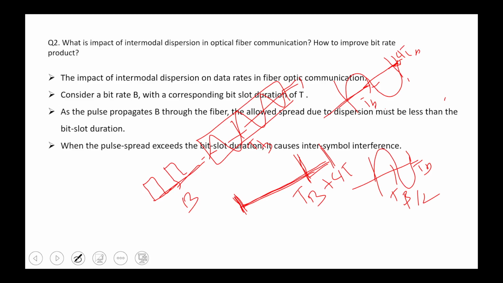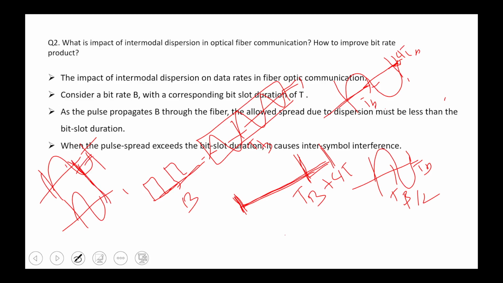This creates inter-symbol interference, because one light pulse has duration TB and the next has this same duration. If dispersion makes the pulse take the time of the second wave, it will interfere with both signals.